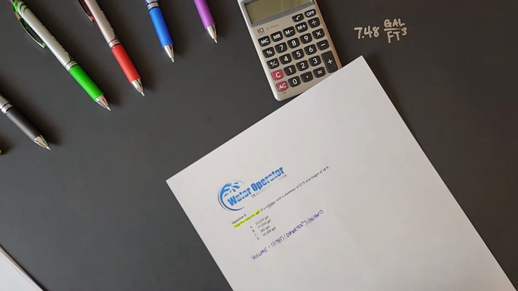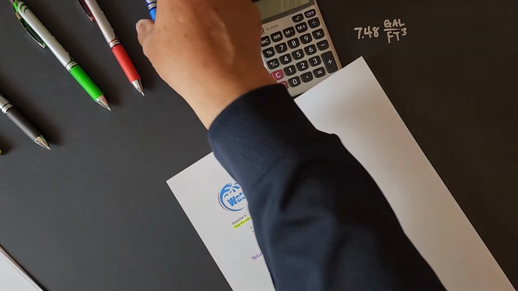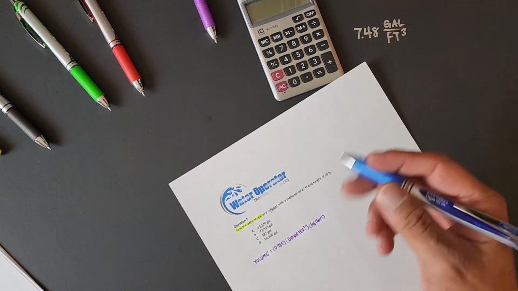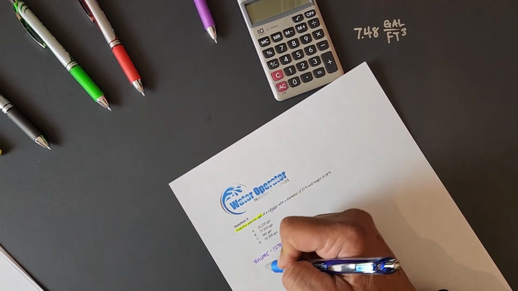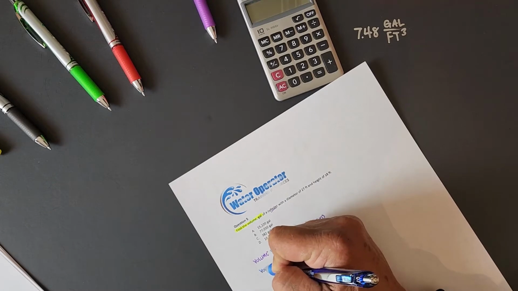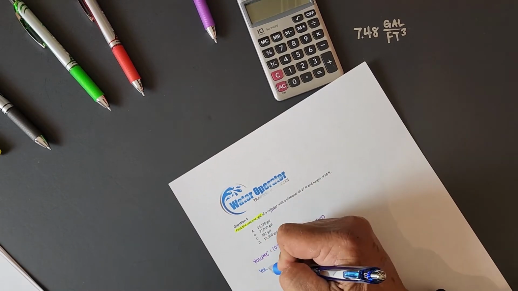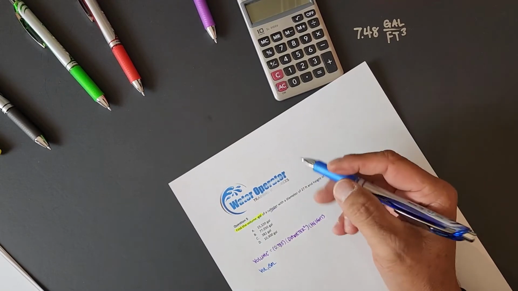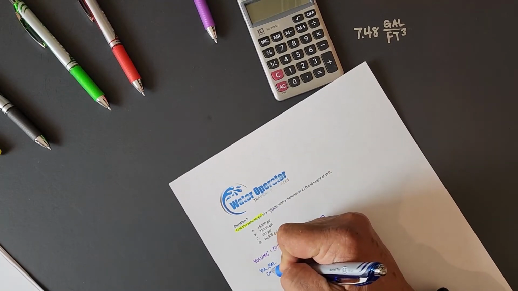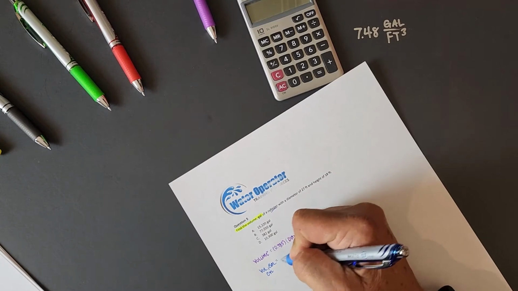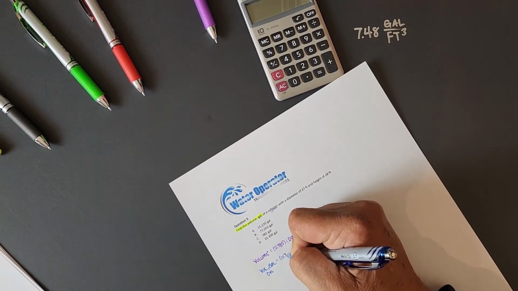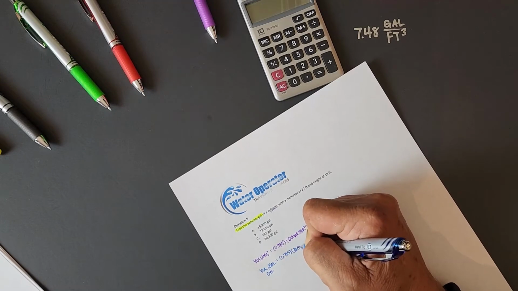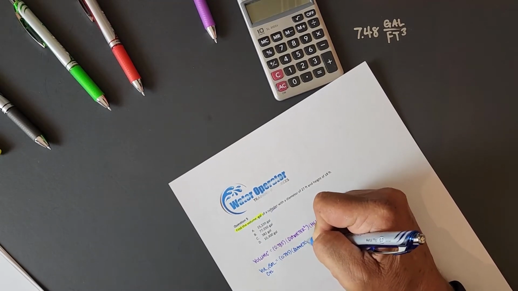Now let's rewrite our formula with all the correct information. This is volume. Unit of measure is gallons. And this is a cylinder. I'm just going to note that right there. 0.785 multiplied by the diameter.